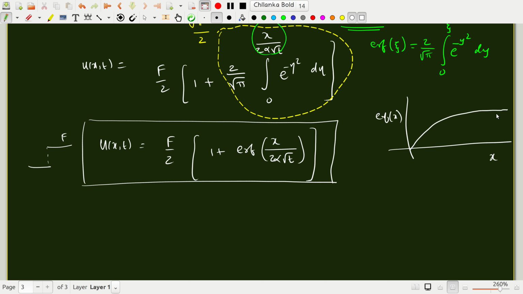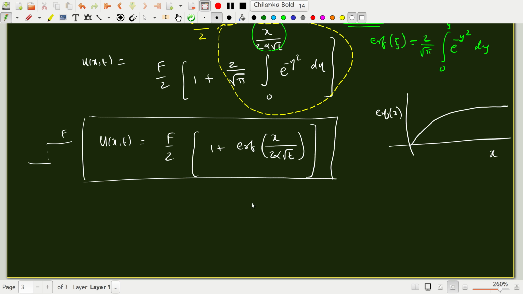Now therefore if I plot the evolution of the temperature, initially it was like this. Let's say this is, okay, let me draw it properly.